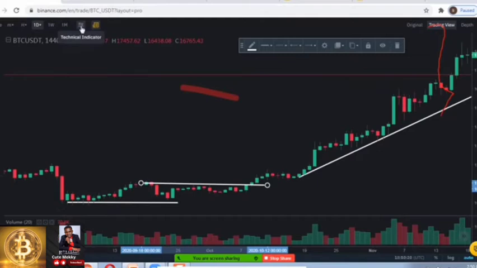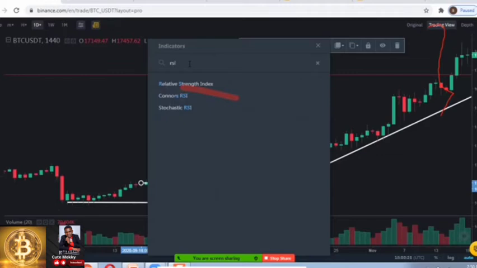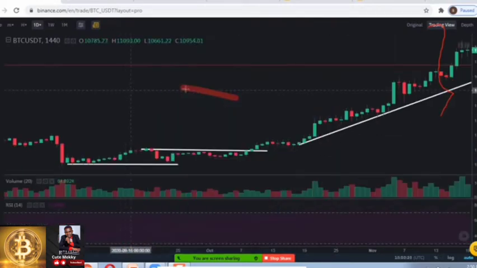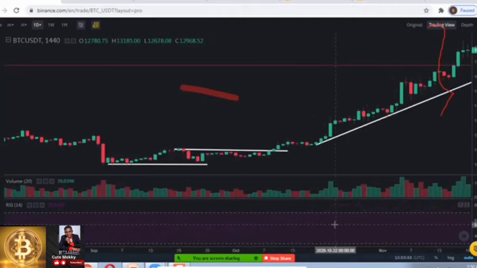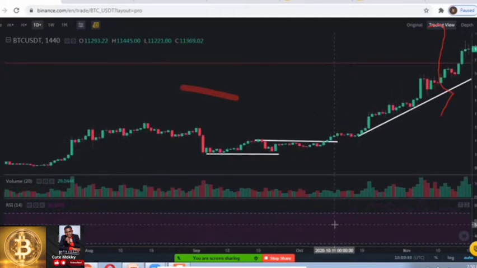So you go here, technical indicator, and you find RSI, relative strength index. Once I do that, you see it is on my chart right now. The most important thing you have to understand when using this is that it has 2 points.